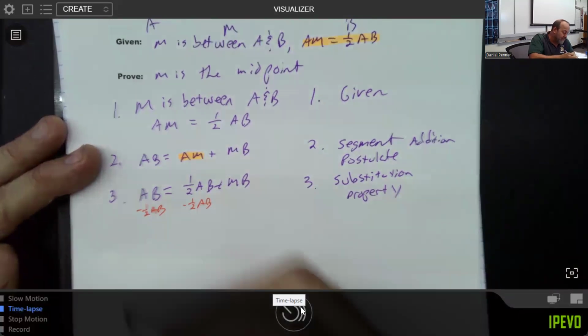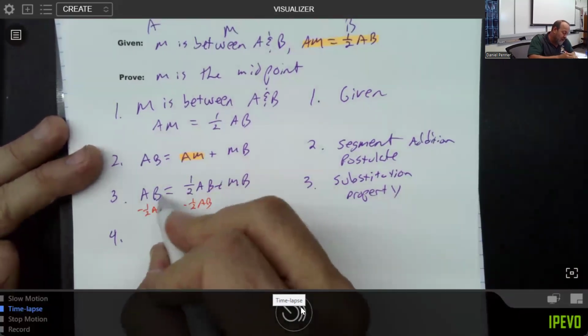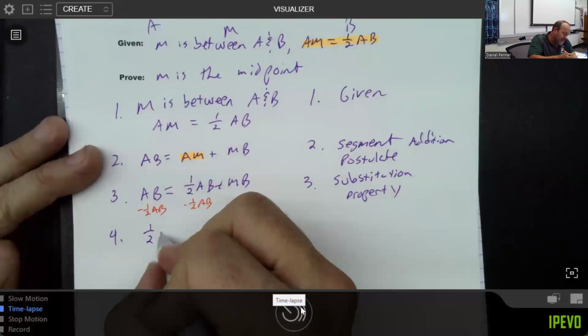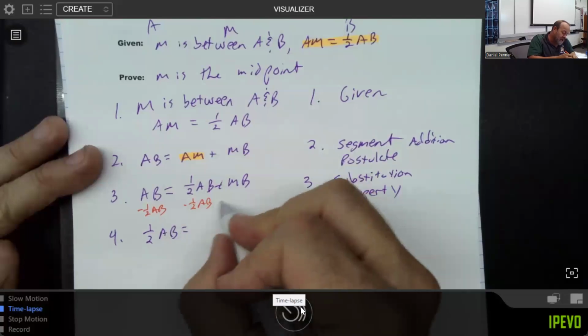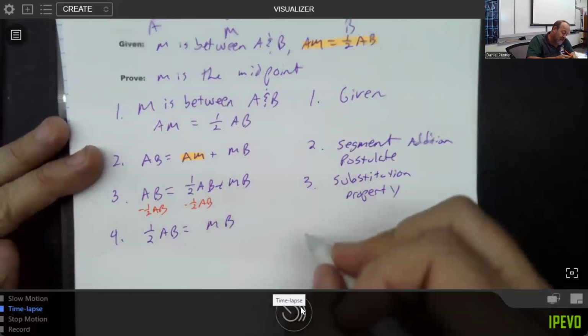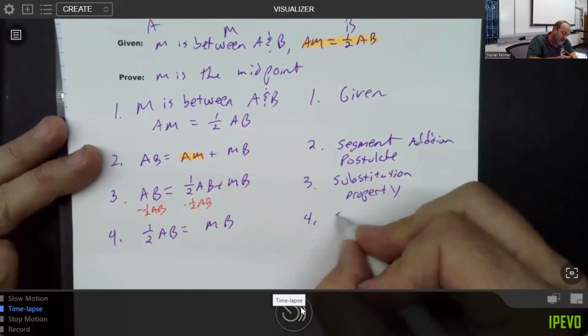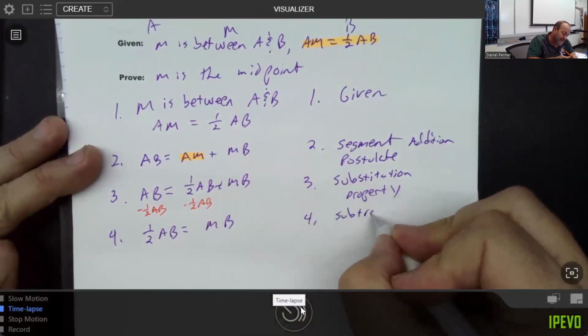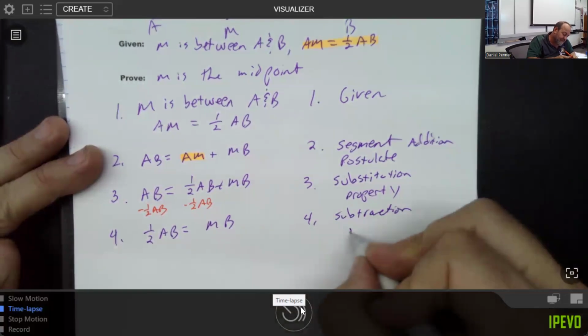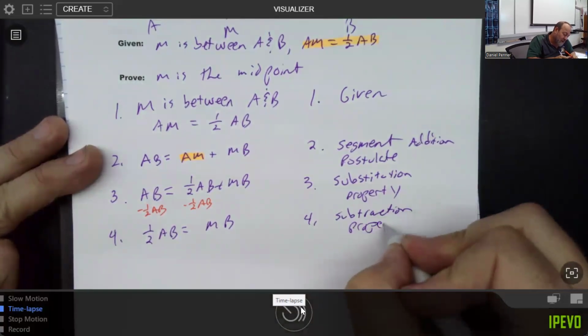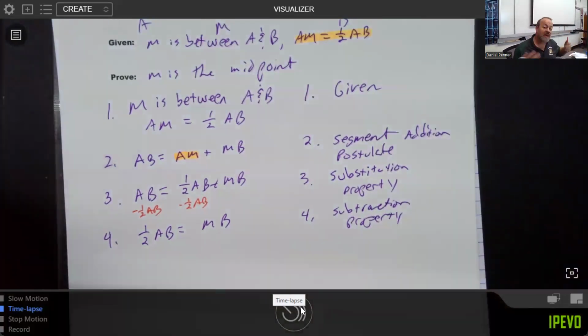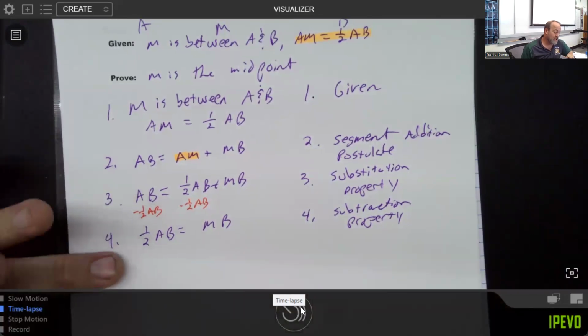So let's see, step 4: an AB take away 1/2 of an AB is 1/2 of an AB. And over here, these cancel, and I'm left with MB, and I just subtracted from both sides. So I'm going to call that subtraction property. I could do that in 2 steps because we also simplified, if you think about it. We didn't only subtract, we also made that look easier.